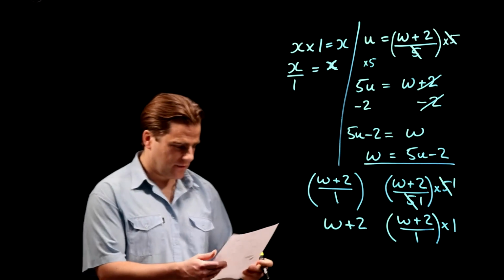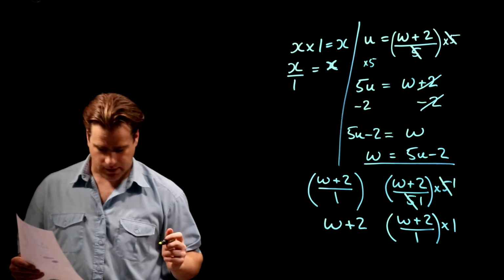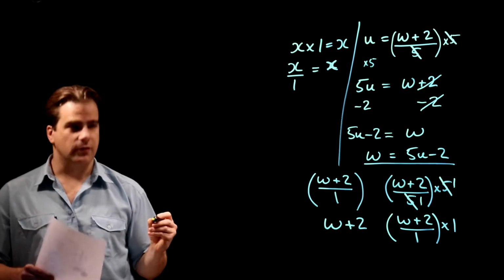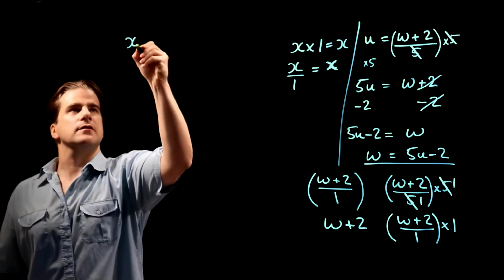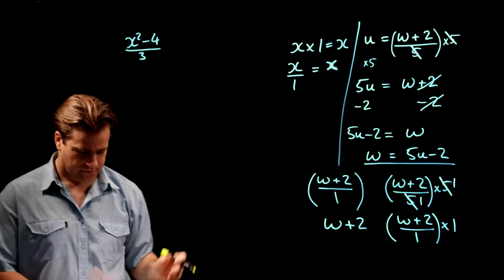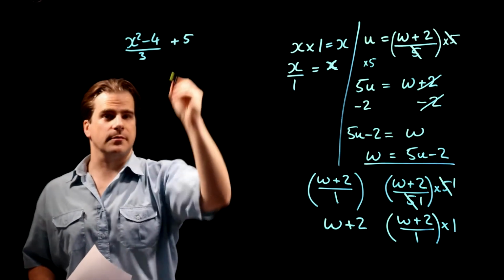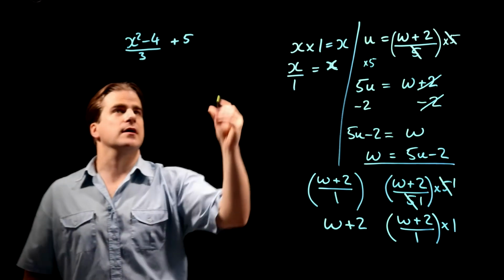Good. Right. Final example. Let's do x squared minus 4 all over 3, plus 5 separately, not divided by 3, equals y.